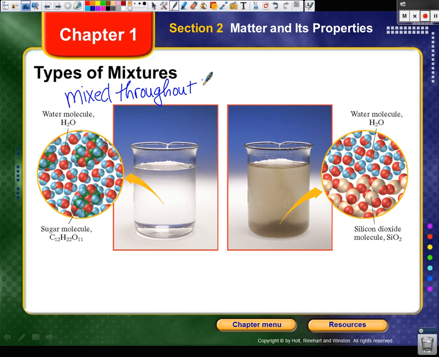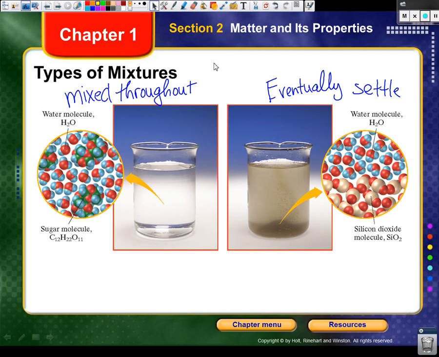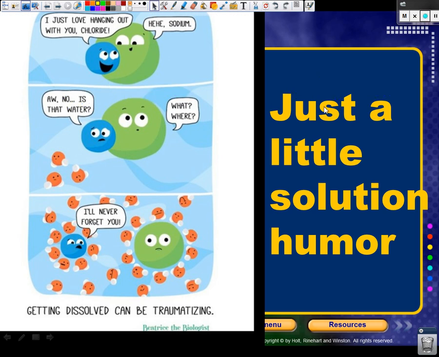And most of the time, if you have this other stuff, if you mix it kind of like this, it will eventually settle. Okay? It's not all, but most of the time that stuff is going to settle out because of what property? Density. Very good.